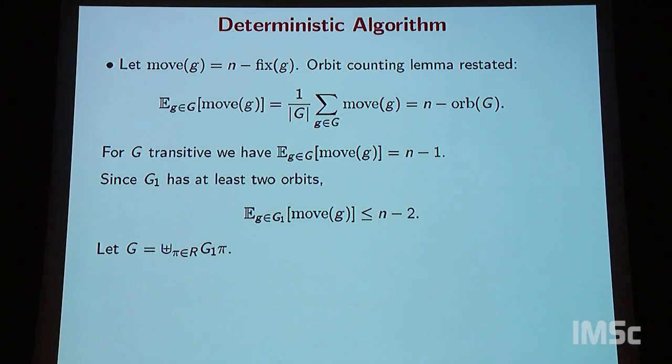Now G sub 1 has at least 2 orbits. So the expected value when I take the expectation in G sub 1 is at most n minus 2.